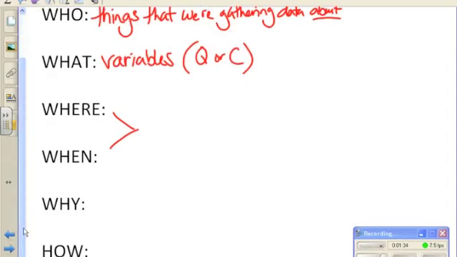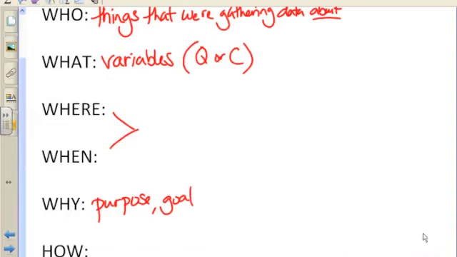Next, we see why as well as how. Why becomes important to understand maybe the purpose or the goal of gathering this data. Really, why did we bother? And how. If I had to pick one to be the most important piece of context, surprisingly, I would pick how.